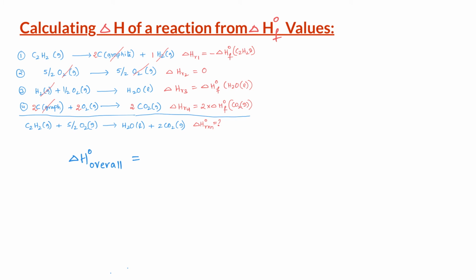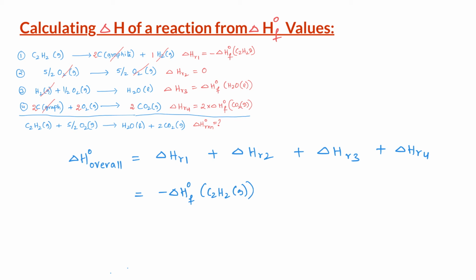So, the delta H naught of the overall reaction is equal to the delta H for reaction 1 plus delta H for reaction 2 plus delta H for reaction 3 and delta H for reaction 4. The delta H for reaction 1 is nothing but negative delta H naught F for the C2H2 gas.